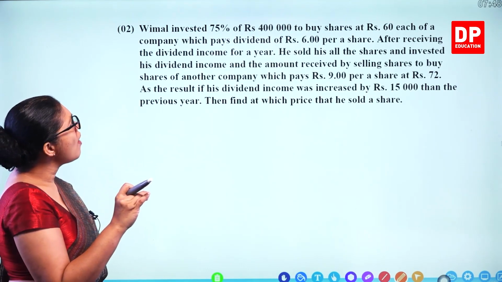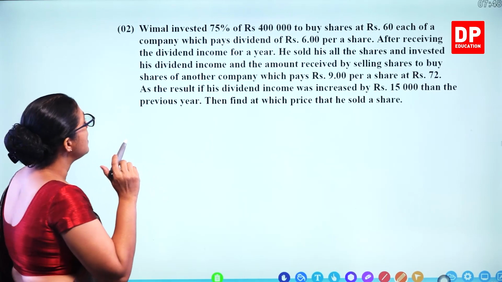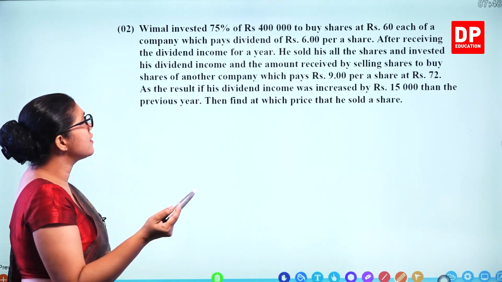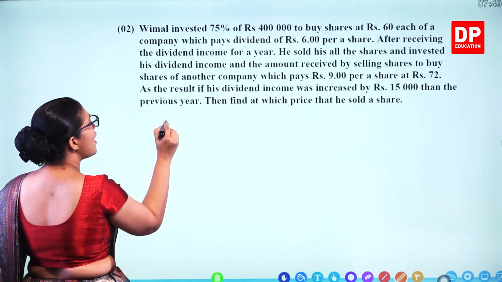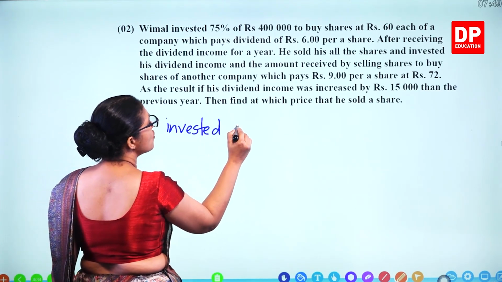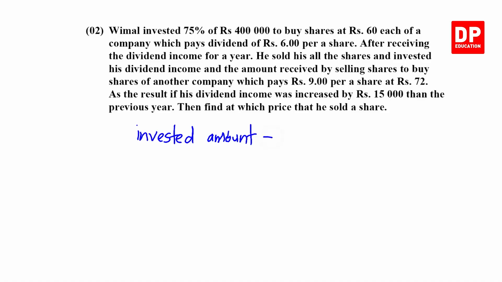So first thing, you have to find out the invested amount. So the invested amount is just 75% of 400,000. So we'll first find out that invested amount. 75% means 75 over 100 into 400,000 rupees.